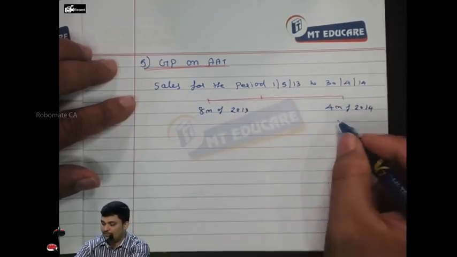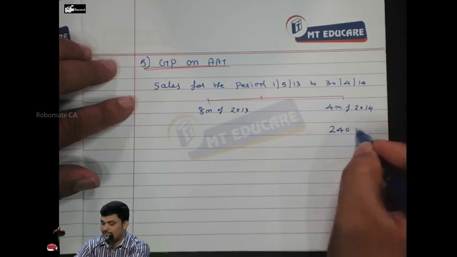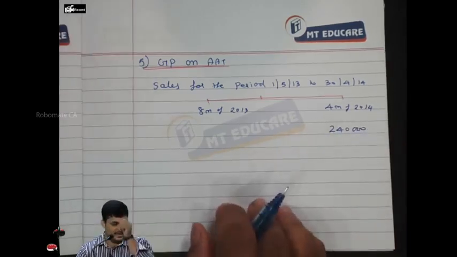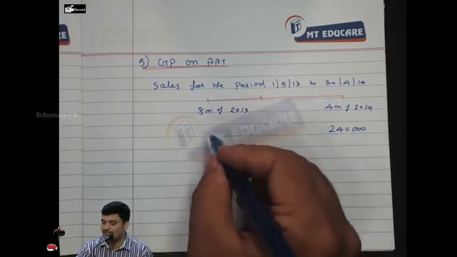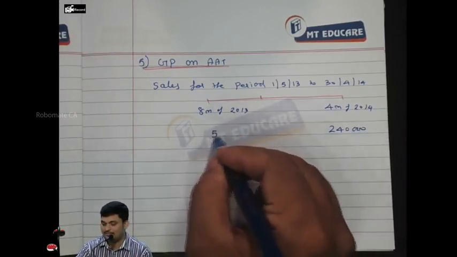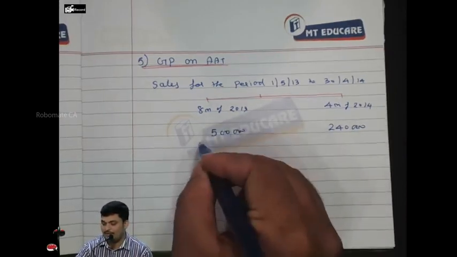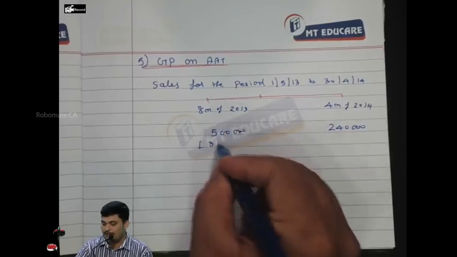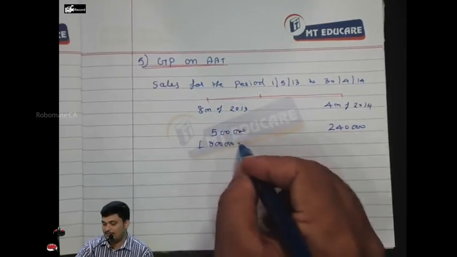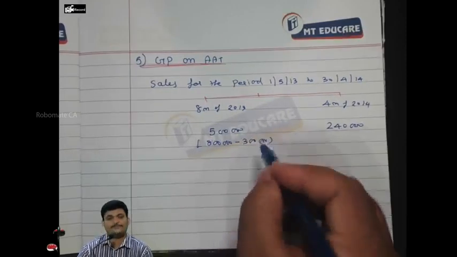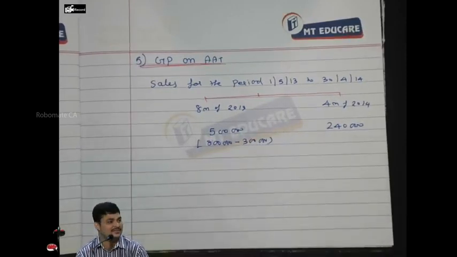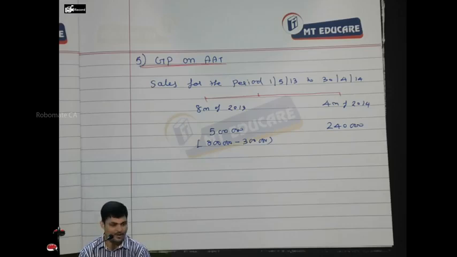What is this amount? 2,40,000. Everybody? Yes, and what is this amount? How? 8 lakhs minus 3 lakhs. Everybody? Okay, super.